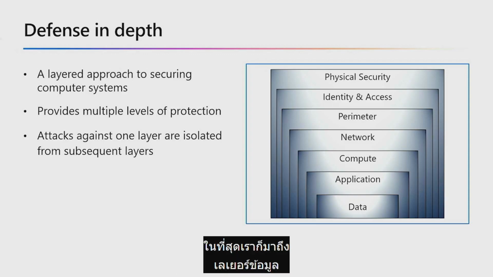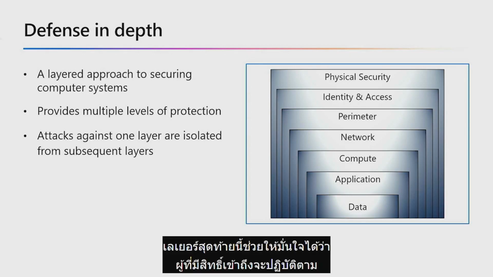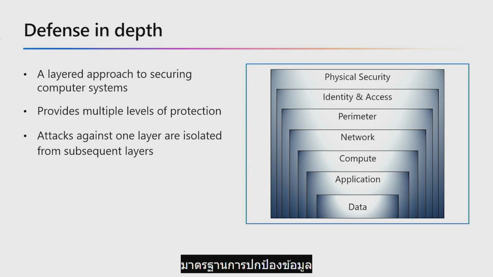Finally, we arrive at the data layer. Despite the contribution of the other layers, responsible data access holds immense significance. This final layer ensures that those with authorized access adhere to data protection standards.